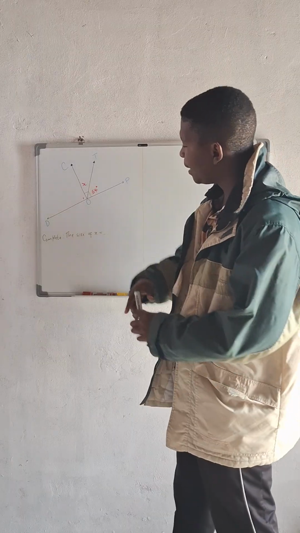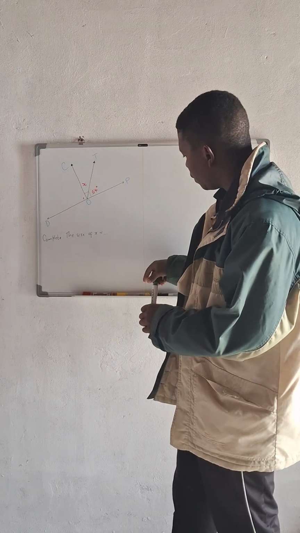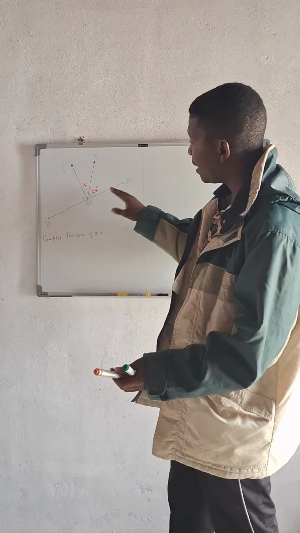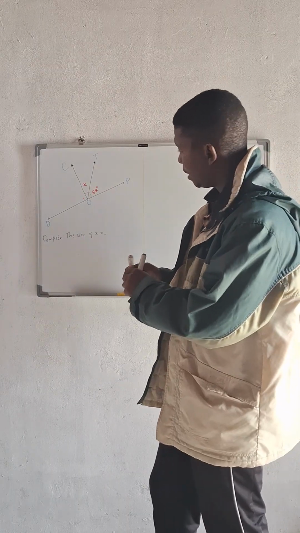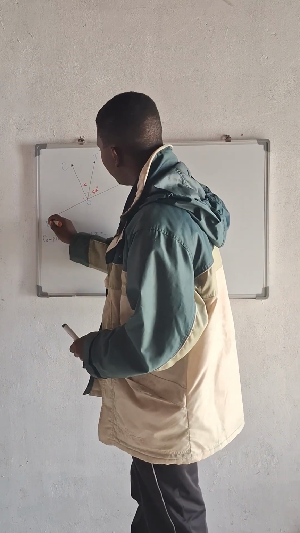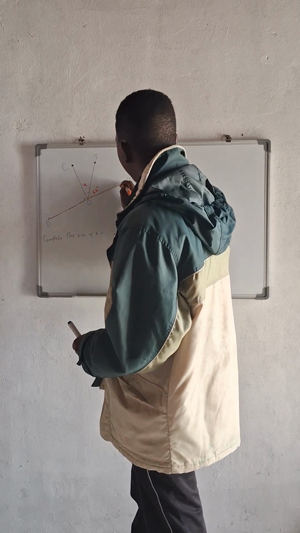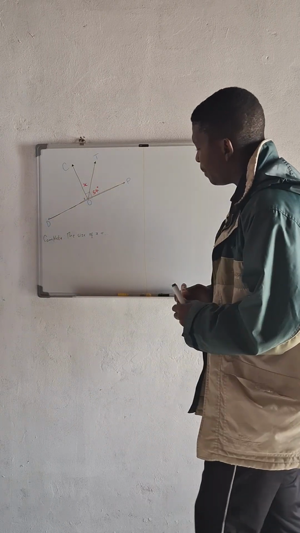As you can see, grade 8. I just want you to focus. I'm saying grade 8. This is a grade 8 and 9 question. It doesn't matter. So now, I want you to focus on this line. Pay attention on this line. DOP.